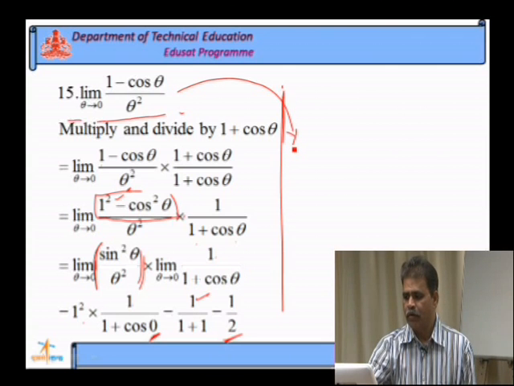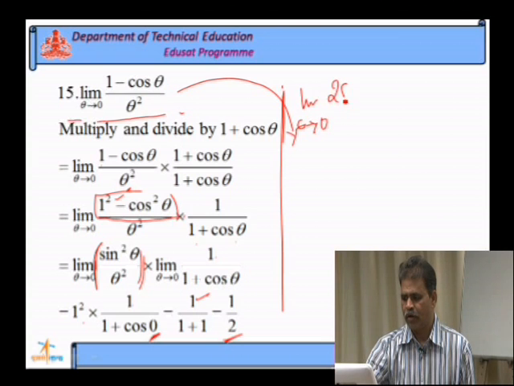See, as I expressed on the board, 1 minus cos theta, according to the trigonometric relation, can be taken as 2 sin square theta by 2, whole divided by theta square.